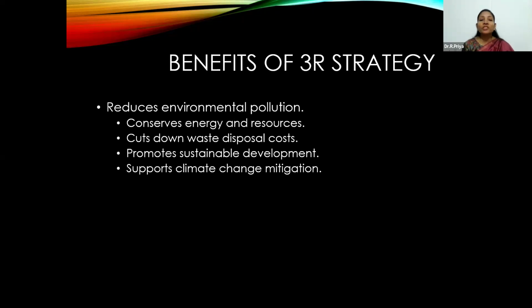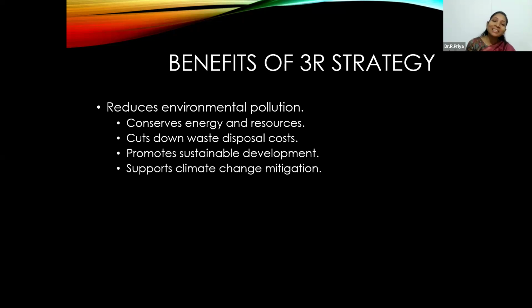Then, benefits of the 3R strategy. The 3R strategy offers many important benefits to industries, societies, and the environment. It is a powerful tool for achieving sustainability and environmental protection.